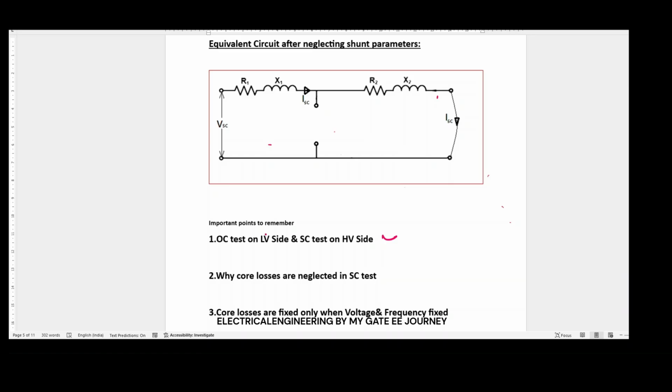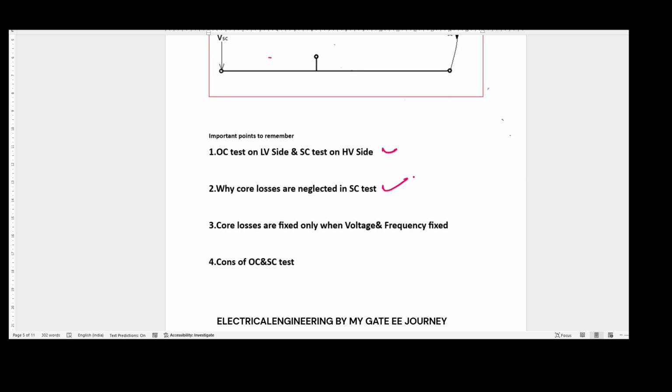Why are core losses neglected in SC test? Because the required voltage for performing SC test is very less, and these core losses are dependent on voltage and frequency. Frequency is constant and rated, but the voltage we apply is very less compared to rated voltage.